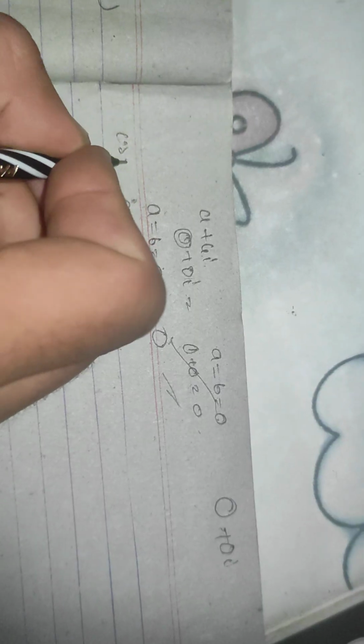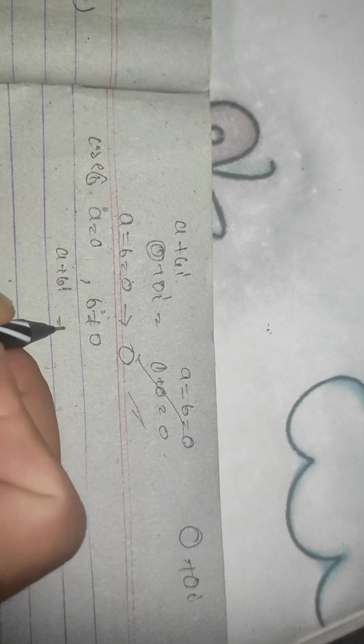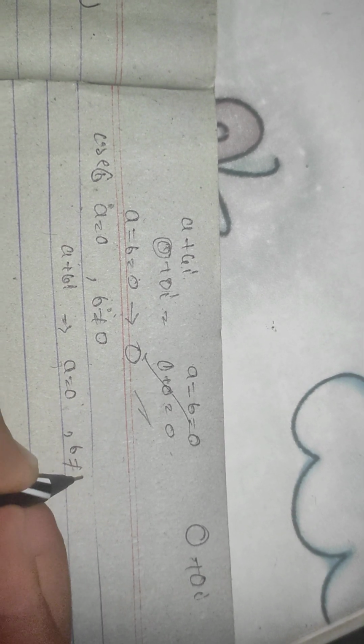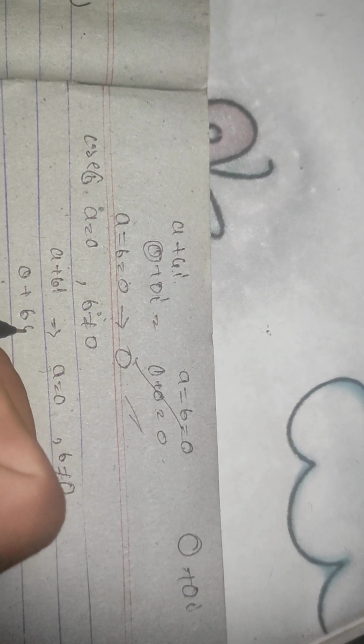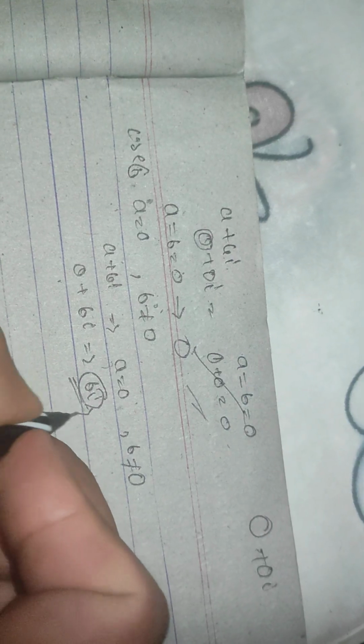Case 1. If a equals 0, b not equal to 0. Let's see. This is the complex number 0 plus b iota. This is b iota, so this is the only complex number here.